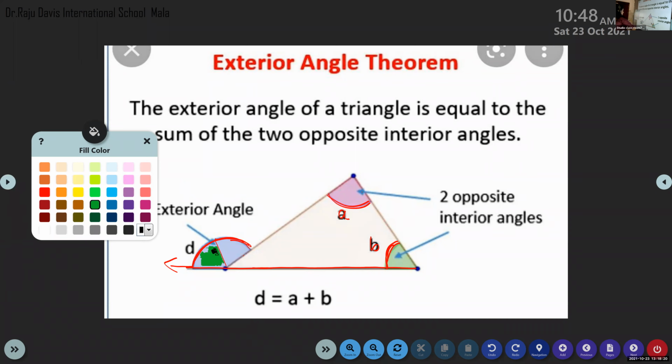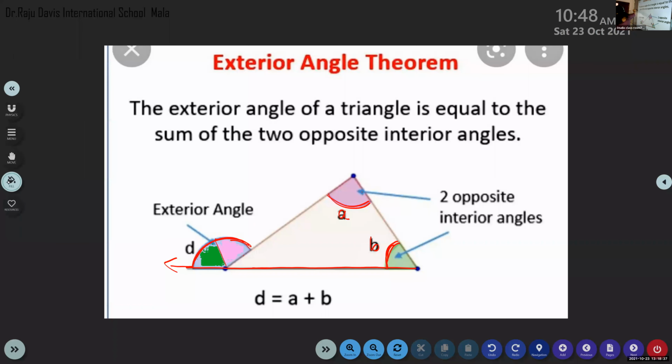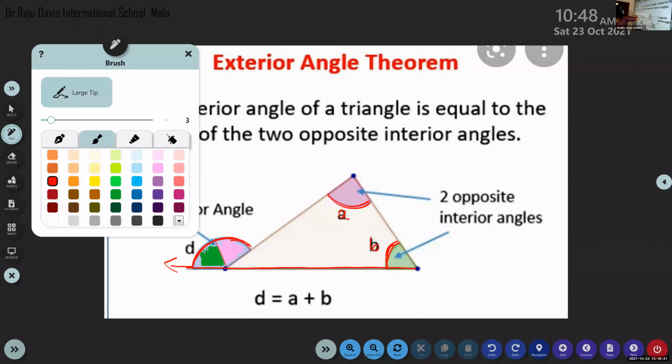One will be the green color. It is PPT, I cannot shade it properly. Okay, children. This is green color, and the other one also will be in violet color. So you can fill it. Both will be filling inside together.